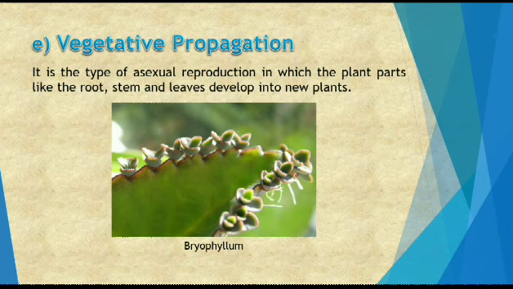That is basically called vegetative. It means the vegetative part of the plant is able to develop a new plant body. That is called vegetative propagation. The first example given is bryophyllum. You see that. Later we will discuss bryophyllum.